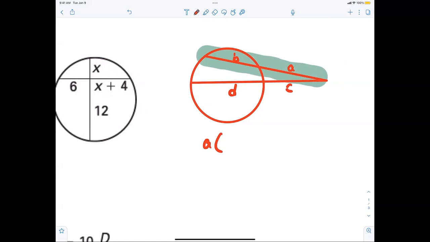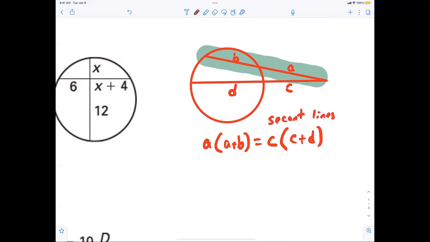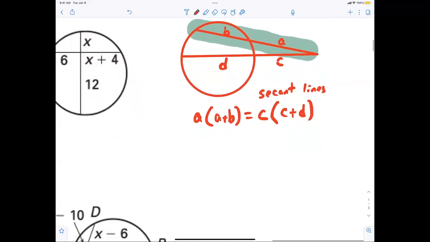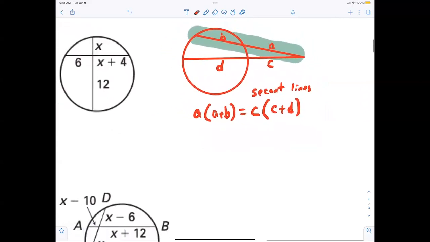A plus B must equal the outside, which is C, times the entire length, which is C plus D. That's the rule. Those are two secant lines, so the outside times the whole part is equal to the outside times the whole part.